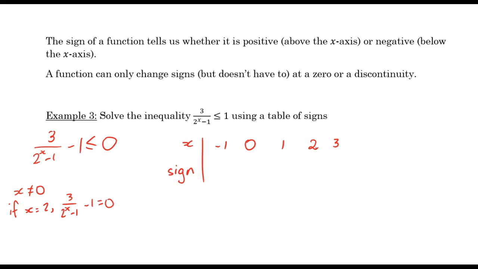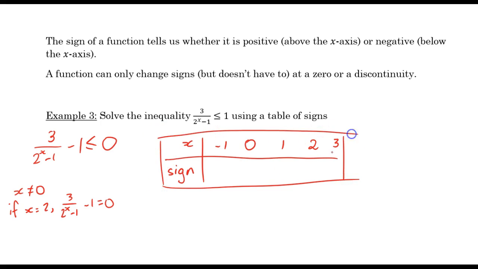Whatever the sign is for something greater than 2, it will have the same sign for every value greater than 2. All of the values between 0 and 2 are going to have the same sign. For every value of x less than 0, they will all have the same sign.